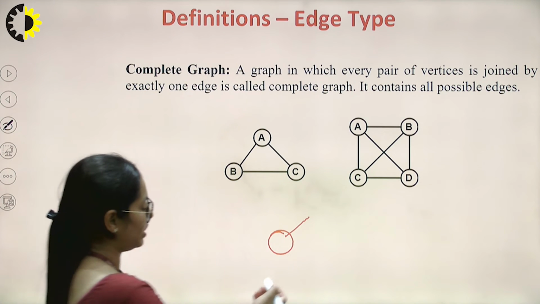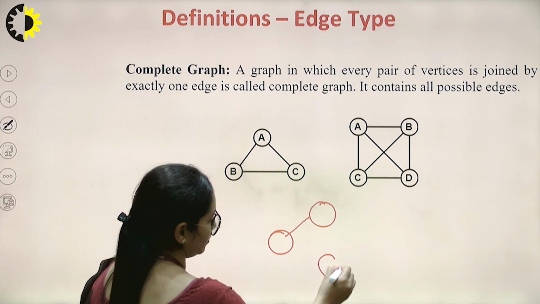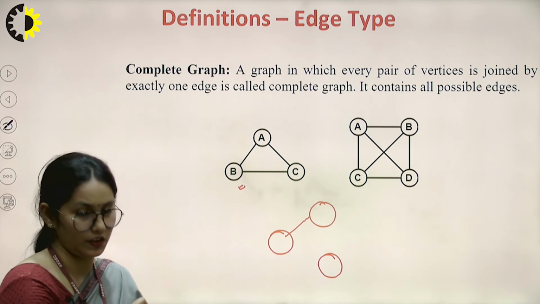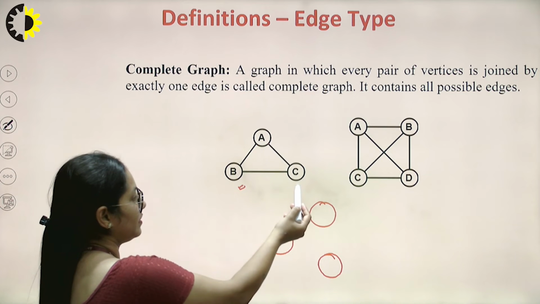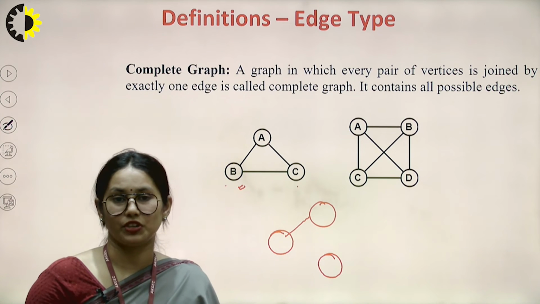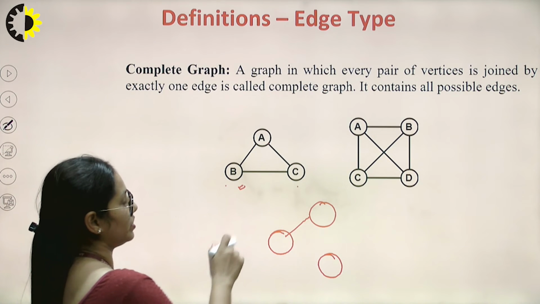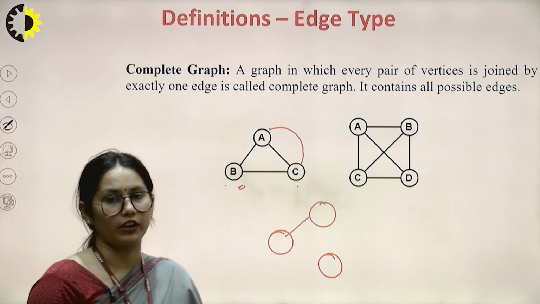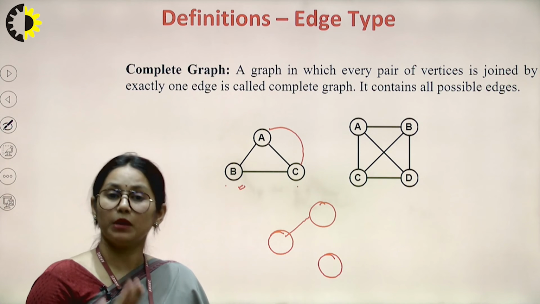So if I have 3 nodes, as in this example, node A, C and B, all these 3 nodes are connected to each other, but there is no connection creating a double edge or a loop or multiple edges.